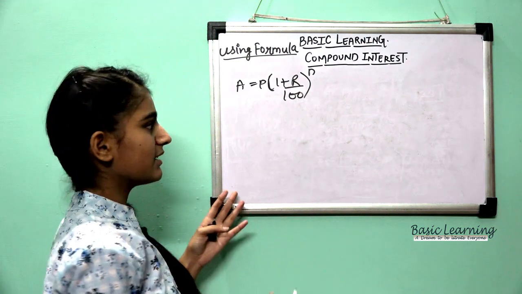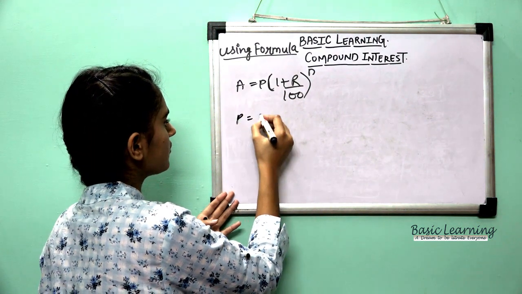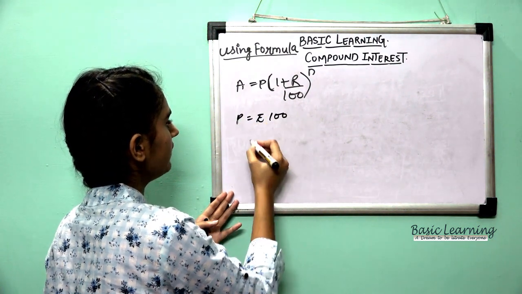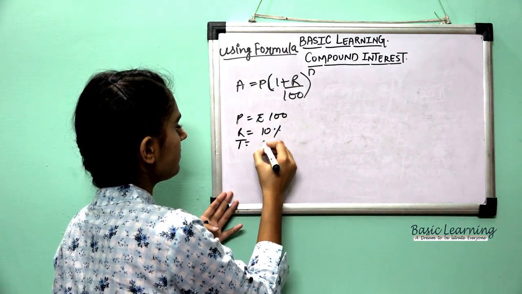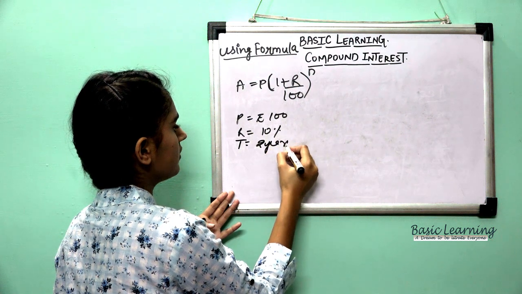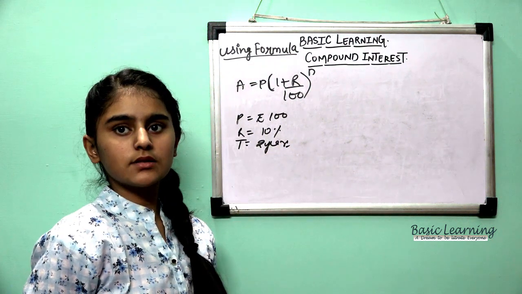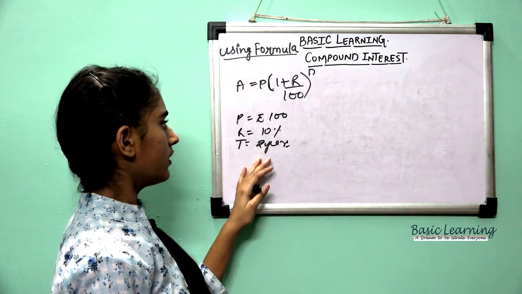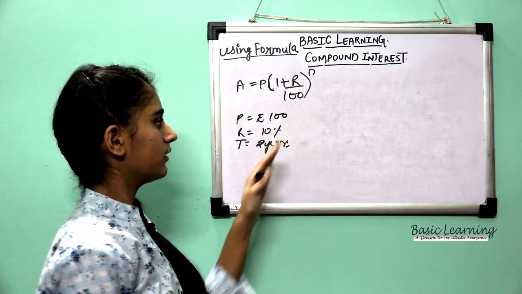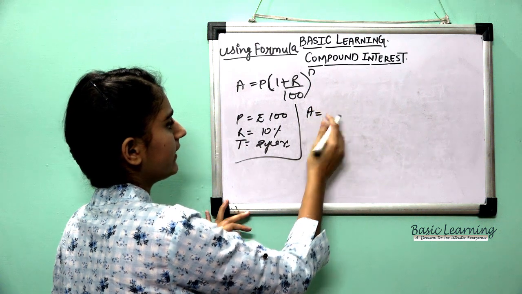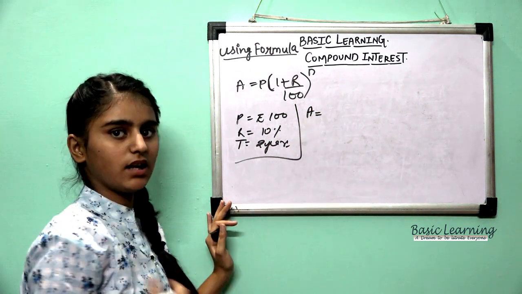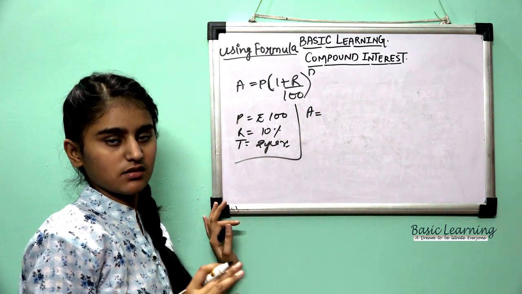Now suppose a principal is rupees 100, rate is 10%, and the time duration is 2 years. So now we have to apply this formula. We have to find the amount here and then the compound interest if it is being asked.